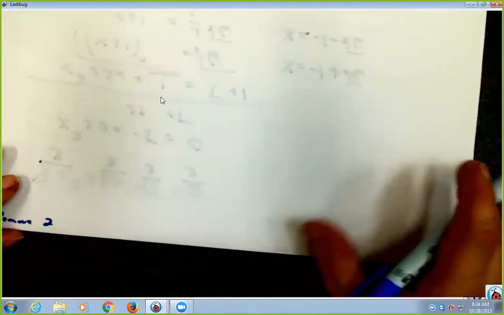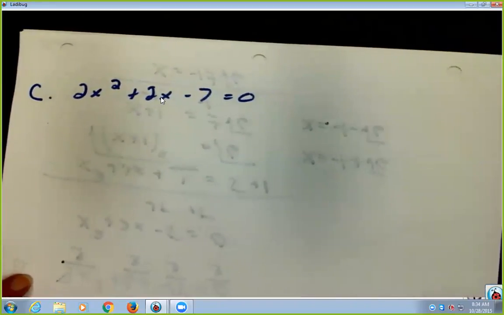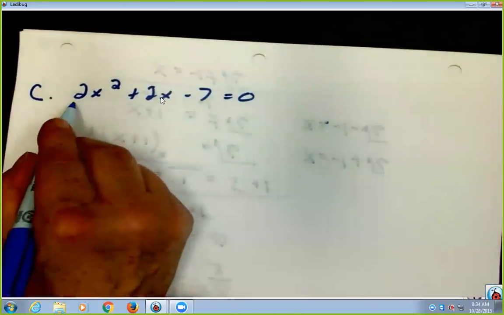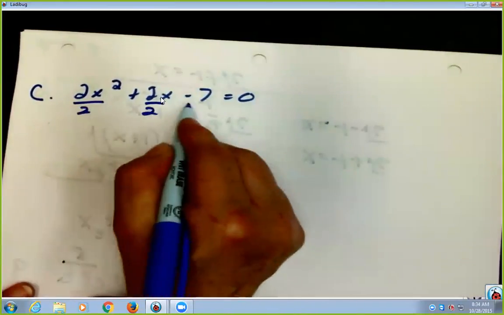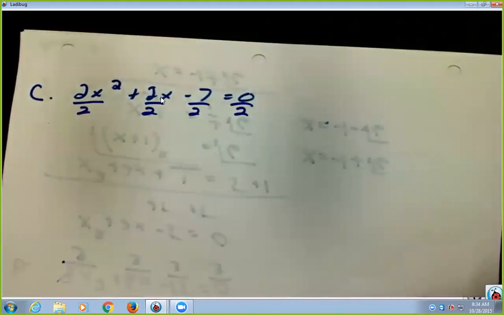Now let's look at one that's not going to be quite as easy as the other one. This one has a 2 in front of x squared. So in order to work with it, I need to remove the 2 in front of there. And again, this is just one method.